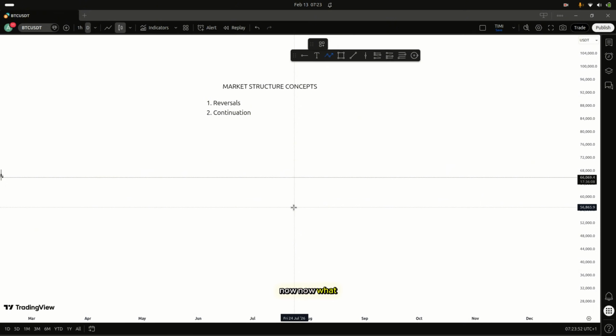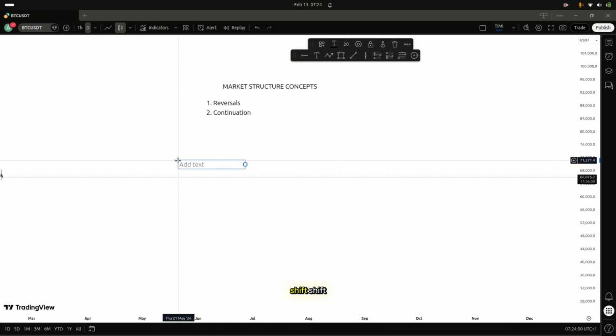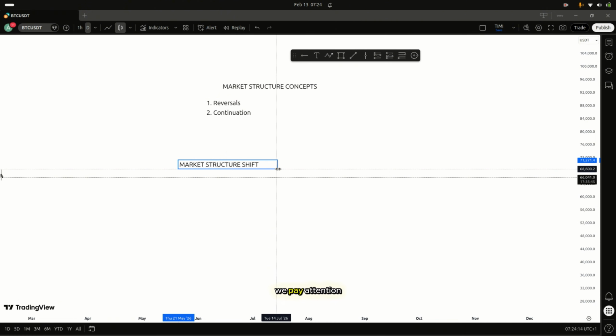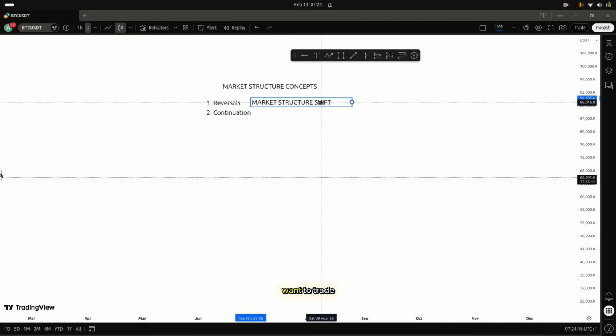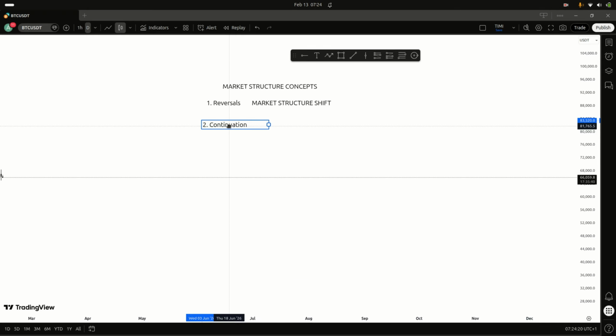Now what we use to trade the concept of reversals is called a market structure shift. A market structure shift. This is what we pay attention to when we want to trade the concept of reversals.